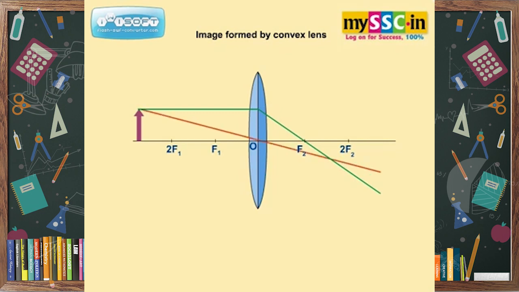Draw an incident ray passing through optical center O. After refraction, it emerges without any deviation. Draw an incident ray passing through the first principal focus f1. After refraction, it is refracted in a direction parallel to optical axis. Image is formed at a point where these three rays intersect.